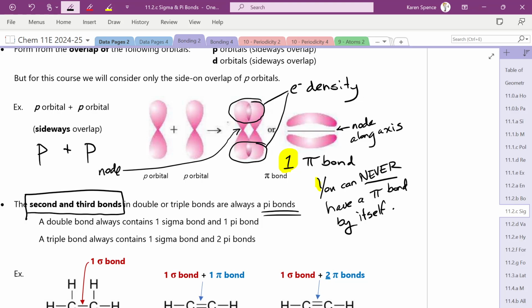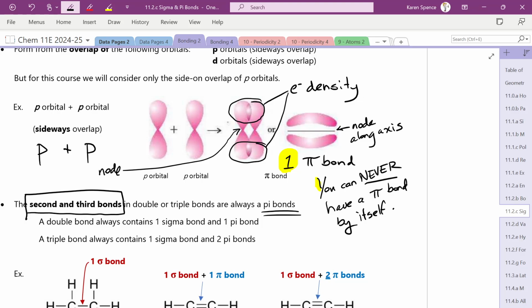The node means the electrons in the pi bond cannot go along the internuclear axis. Those are different electrons from the ones that are along the axis. So we've got two electrons along the axis and two different electrons above and below the axis.